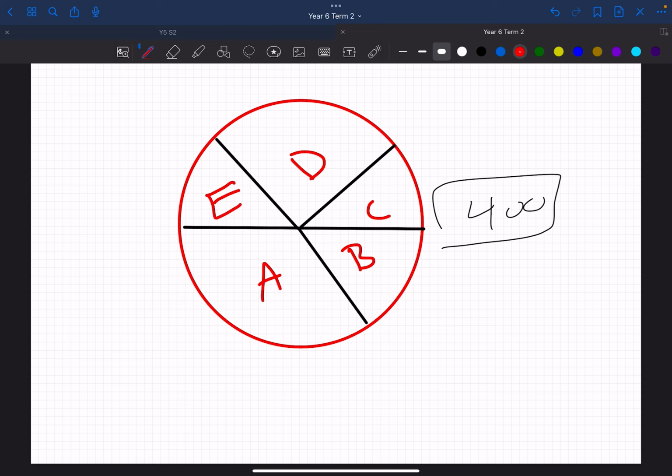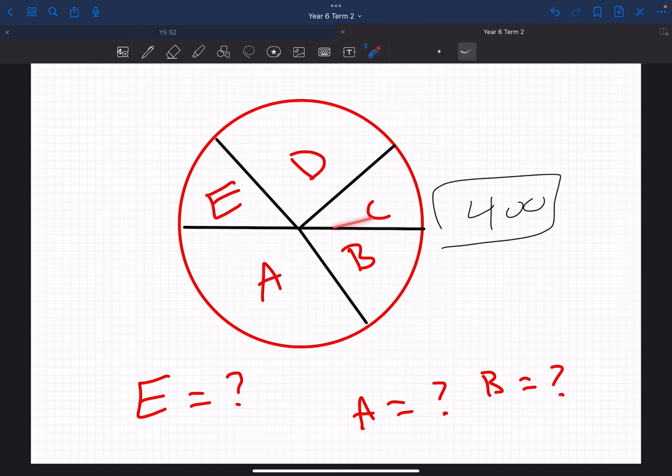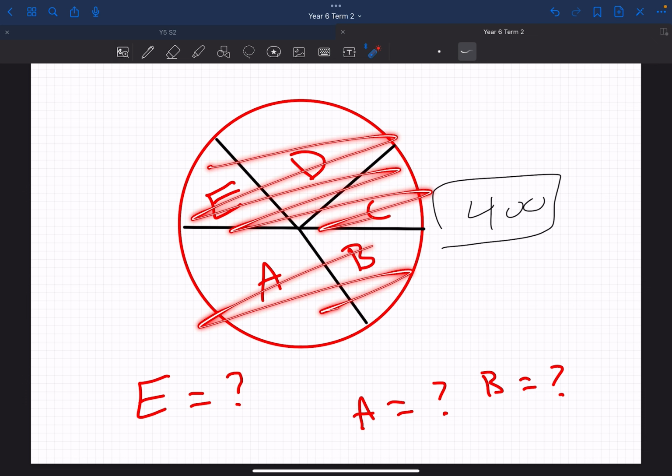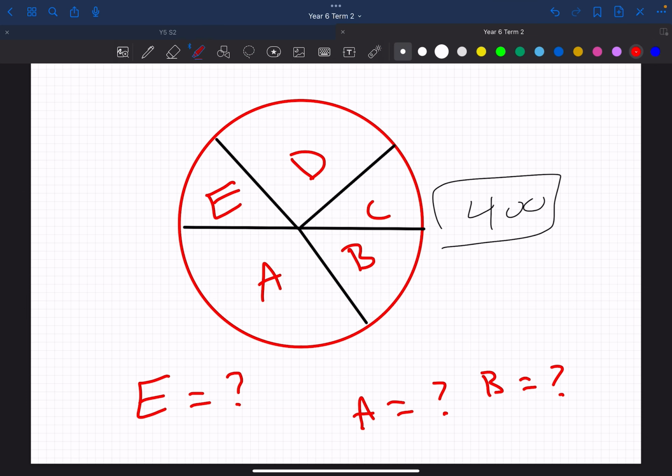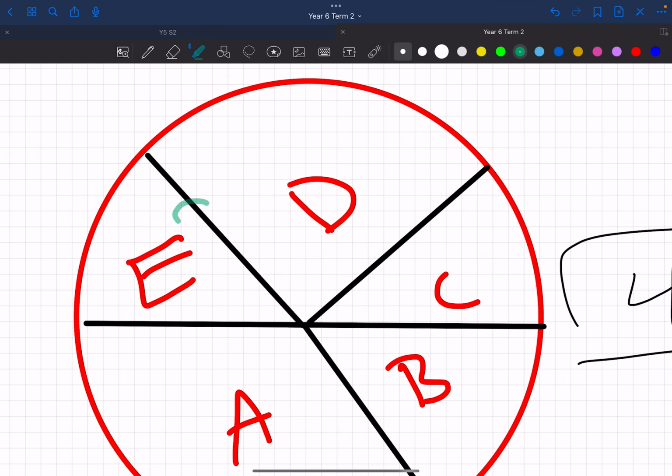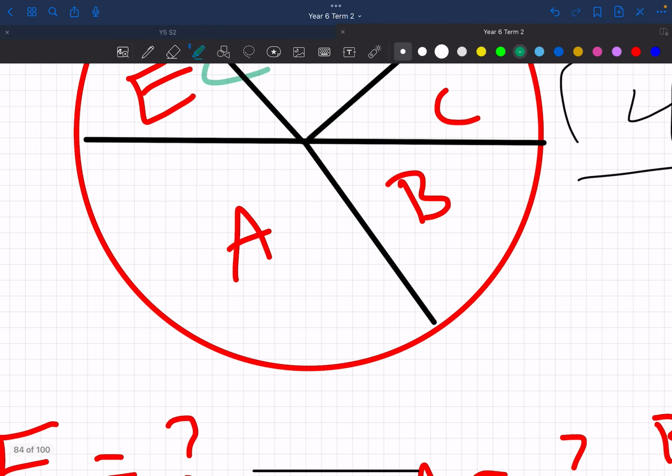I want to know what is E, and I want to know what is A, and what is B. Look, let's start with E. I know this is 200, and I know this is 200. So all of this is 200, and all of this is 200.